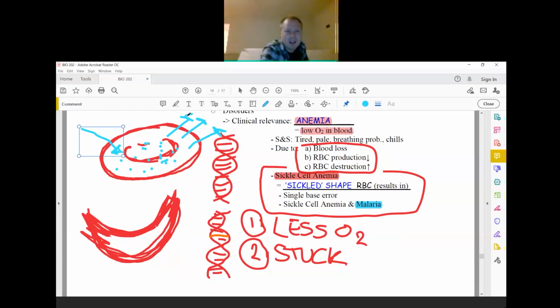Well, if you have a sickled red blood cell, it turns out the malaria parasite is not able to enter this type of red blood cell. So it's almost like having sickle cell anemia protects you from malaria, which was common in the area where you actually have a lot of sickle cell anemia individuals.